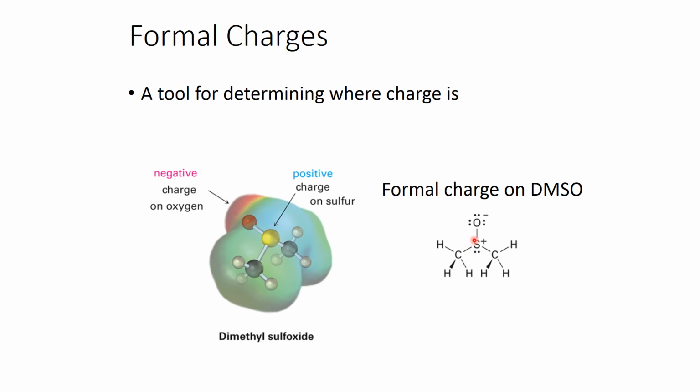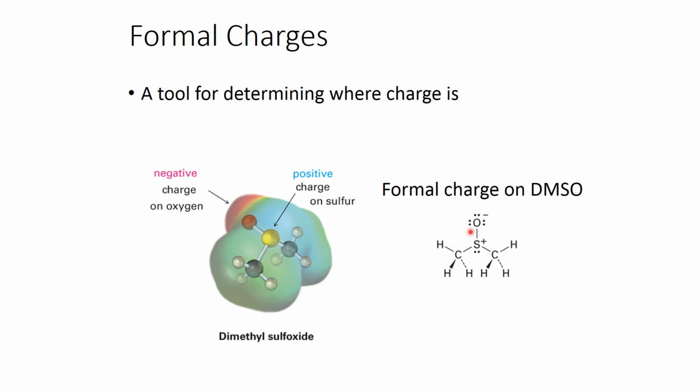If I look at the Lewis dot structure, I would find that this oxygen has more electrons on it than you would find on oxygen when it is just an unbound atom. Oxygen has 6 electrons on it when it's an unbound neutral atom.